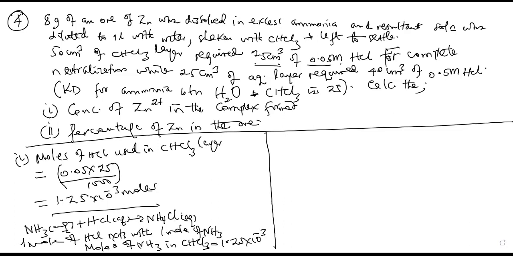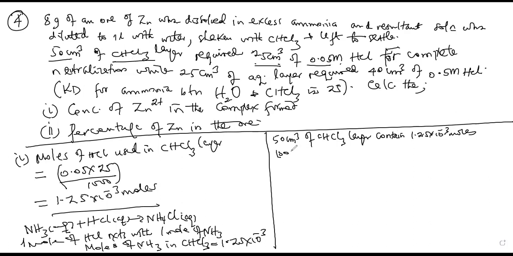So we can get the concentration of ammonia in the trichloromethane layer, because they say that 50 cubic centimeters of the trichloromethane layer contain 1.25 times 10 to the power -3 moles.